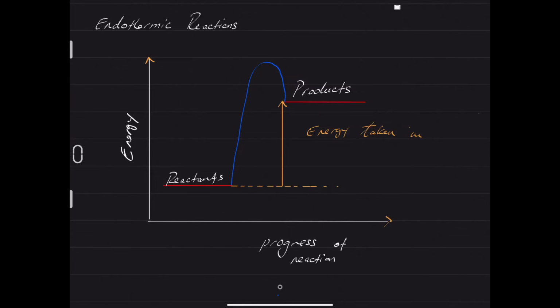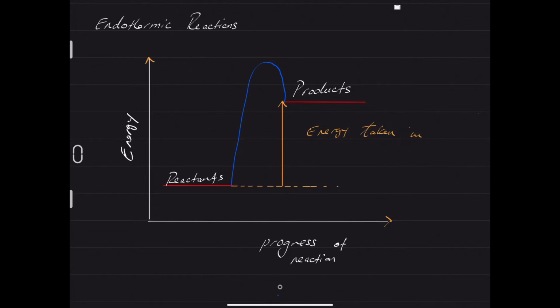Therefore, the surroundings get colder. So if you were to measure this in a practical experiment or investigation, and you were looking at an endothermic reaction, you would be looking for a decrease in temperature. Whereas if you are looking at an exothermic reaction, you would be looking at an increase in temperature.